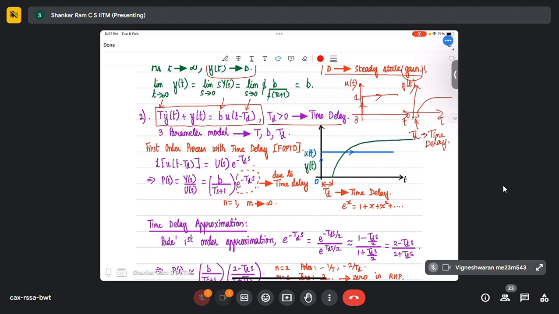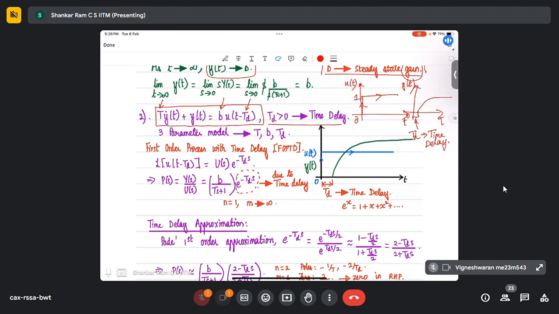No. Because there's going to be friction at the interface between the table and the ground. So you can see that there is a time delay between the point at which a force is applied on the table and the table starts moving. That's why we need to consider time delay in certain applications.